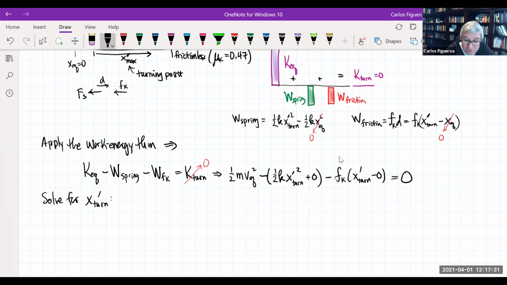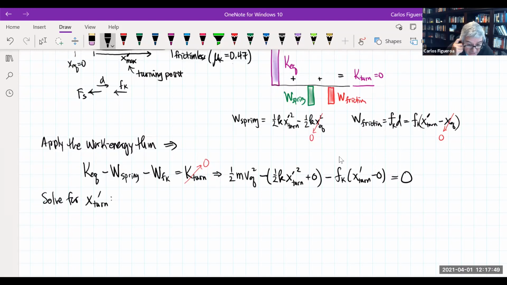If I look at this term here, look at that, this is negative. This is negative. So I'm going to take both negative terms over to the right. And then I'm going to have this constant 1/2 mv squared be a constant.